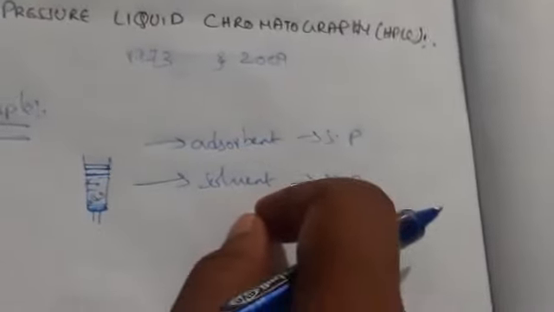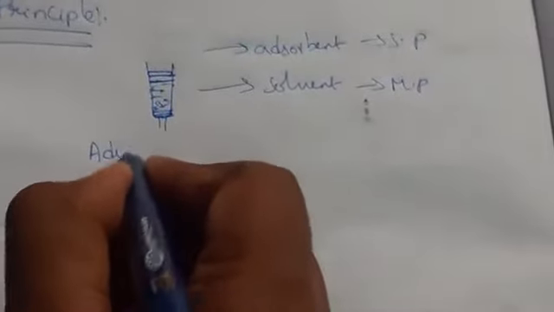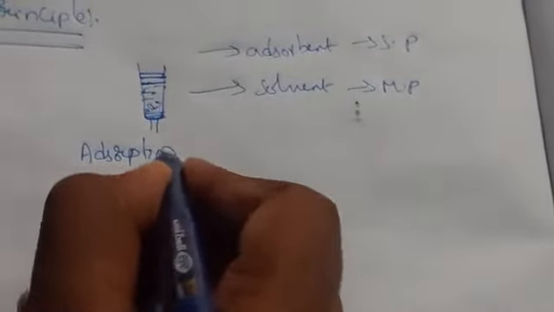The same thing follows for HPLC also. Here the principle mainly depends upon adsorption chromatography. Here we take a stationary phase adsorbent like silica or alumina.